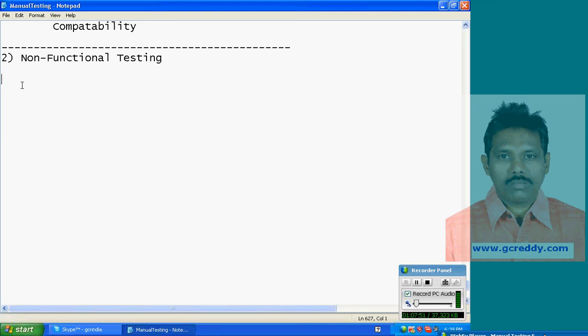Got the point, Priyanka? Can you differentiate? See, providing correct output is functionality. How it is providing, quickly or slowly, these are non-functional. Which one is important and mandatory, functionality or non-functional terms? Functionality.